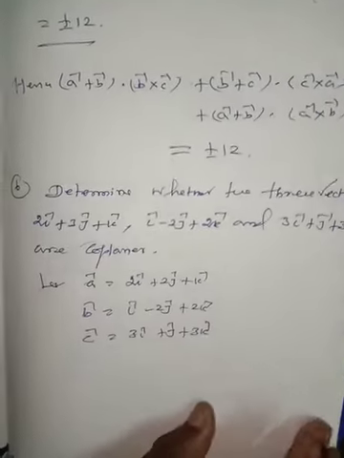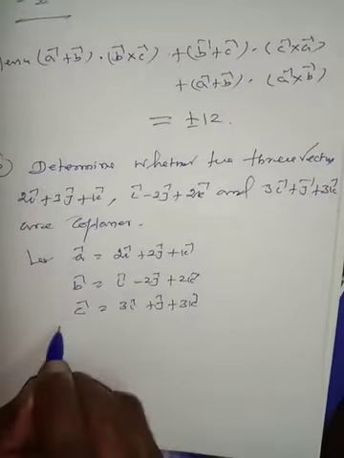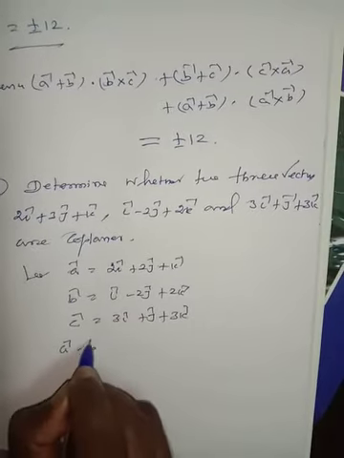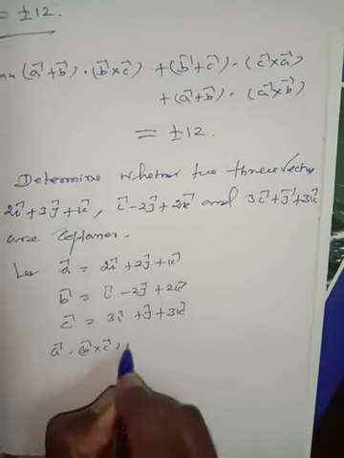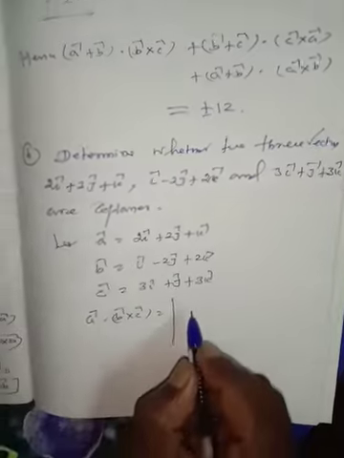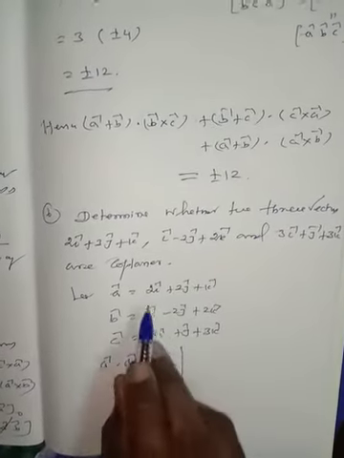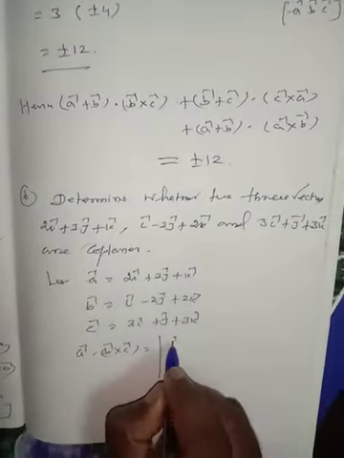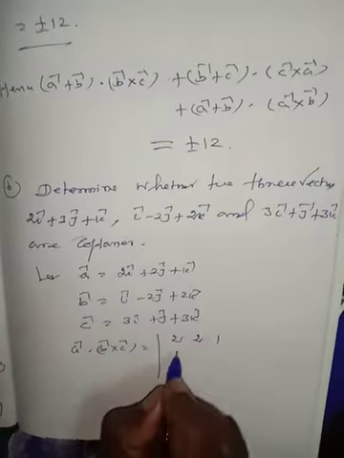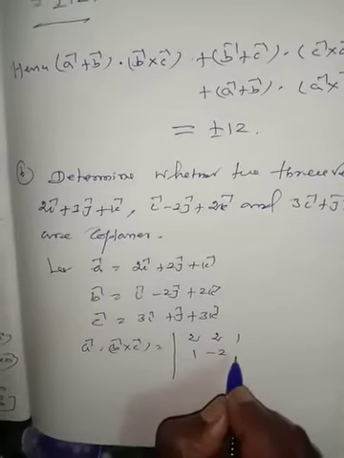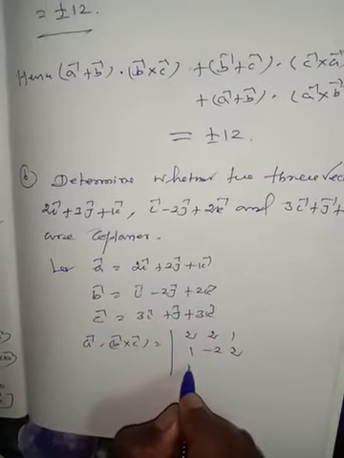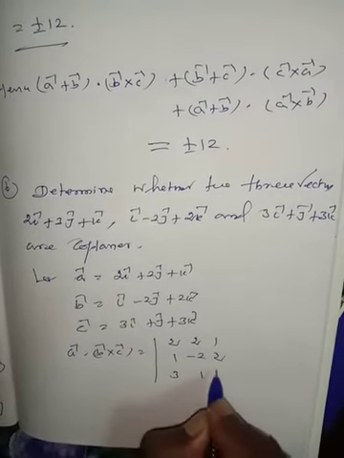Now we want to find box product of ABC. A vector dot B cross C is equal to first coefficient of i j, again A, 2 2 1 1 minus 2 2, next 3 1 3.